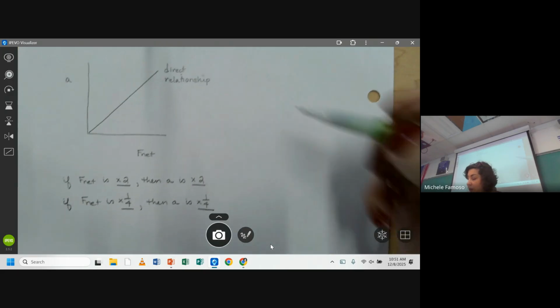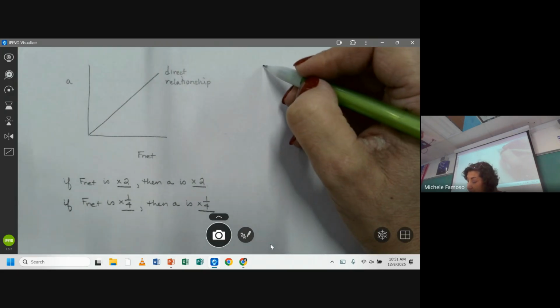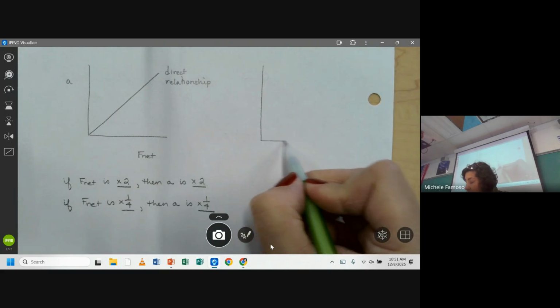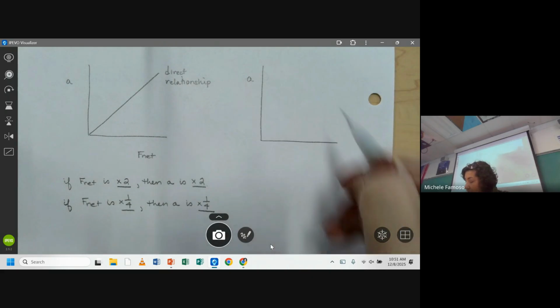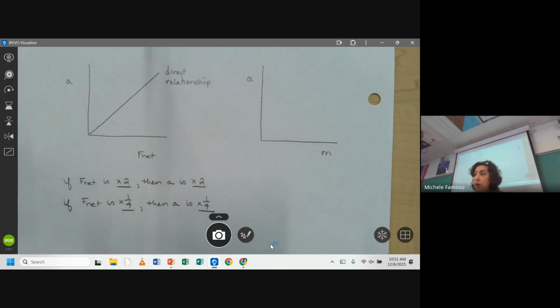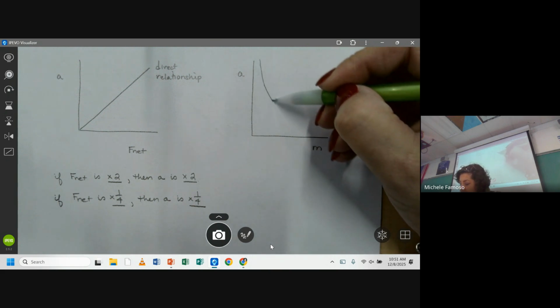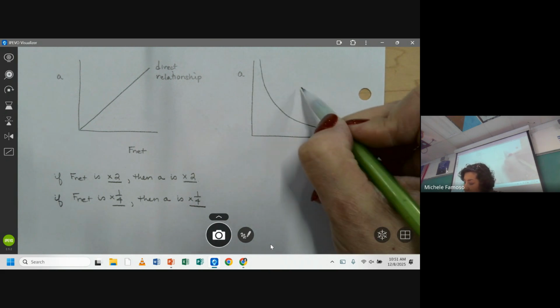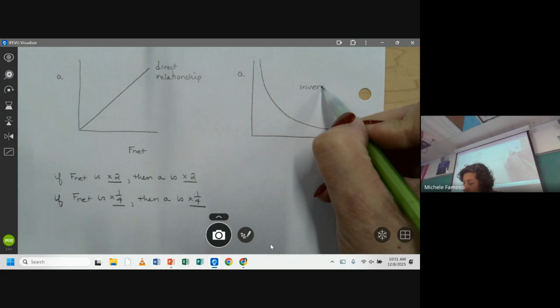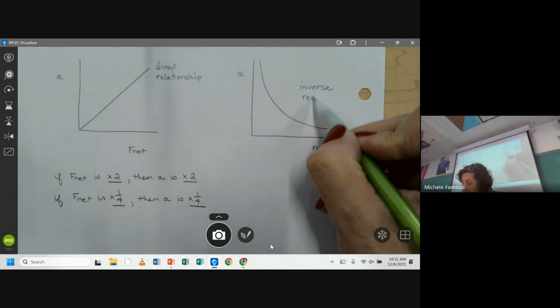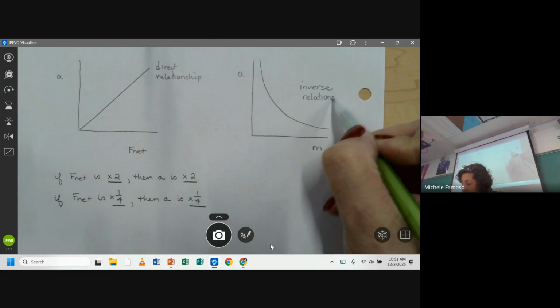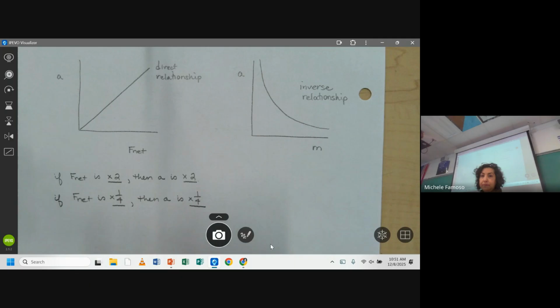Okay. The other relationship that's described is the one between the acceleration and the mass of the object. And Newton's second law tells us that there is an inverse relationship, which means this graph looks like a hyperbola.